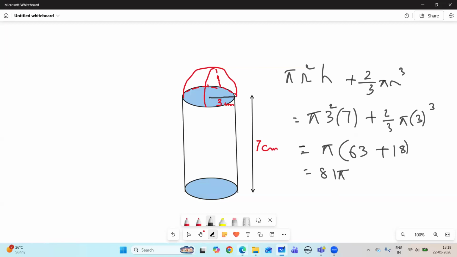So this is the right answer. Let us pick the right choice.